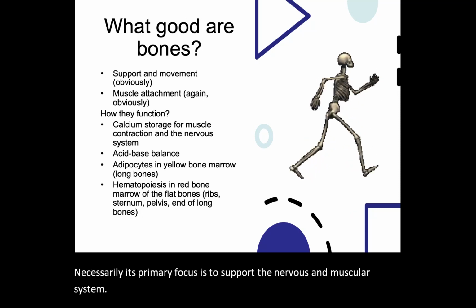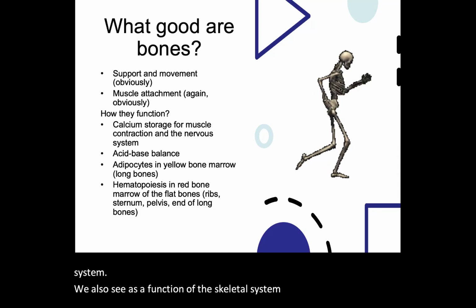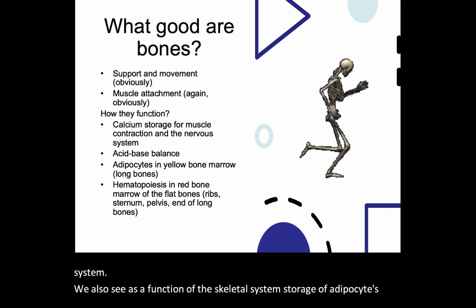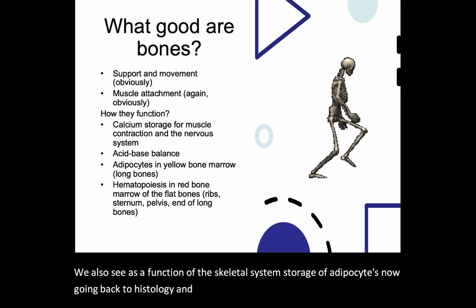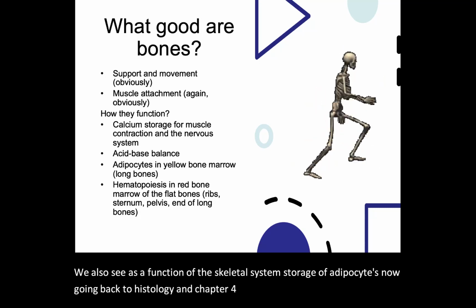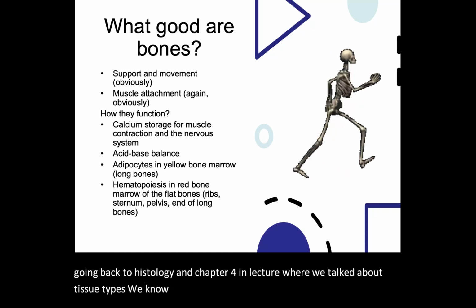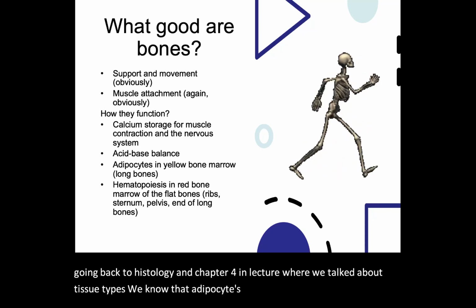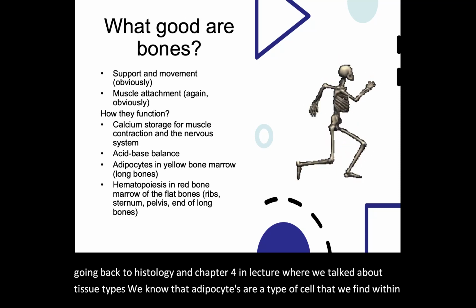We also see as a function of the skeletal system storage of adipocytes. Going back to histology and chapter 4 in lecture, where we talked about tissue types, we know that adipocytes are a type of cell that we find within adipose tissue.